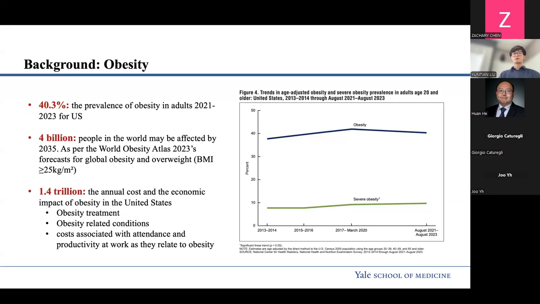And 1.4 trillion is the annual cost of all obesity-related conditions and expenses.